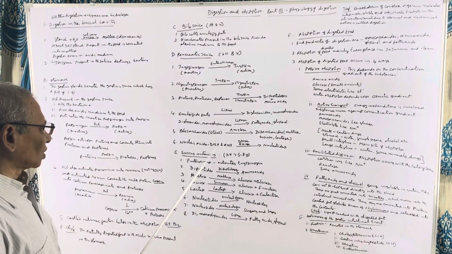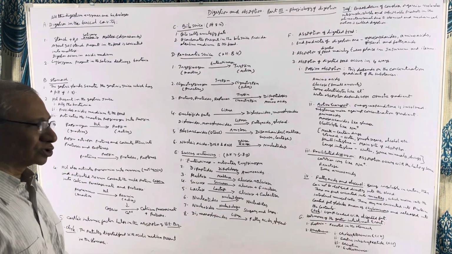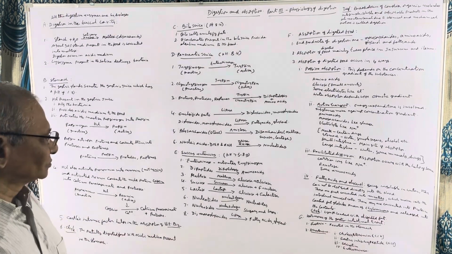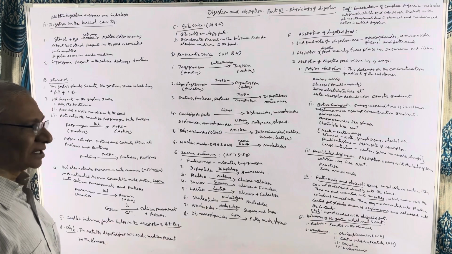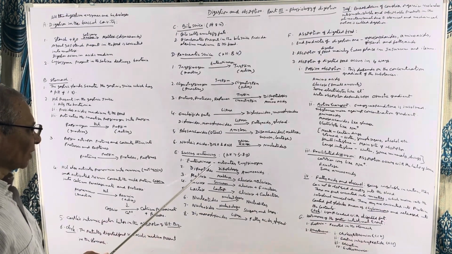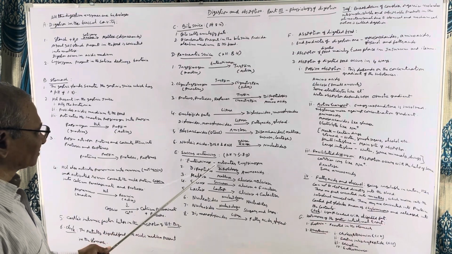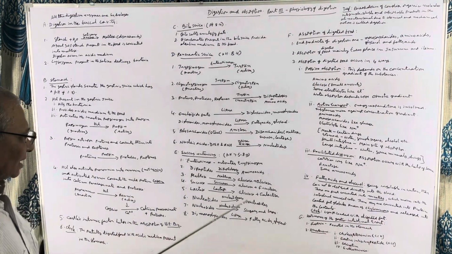Now let us see the role of succus entericus or intestinal juice on digestion. The pH of succus entericus is 7.5 to 8. That is, it is also alkaline in nature. Then, as I have told you, enterokinase activates trypsinogen into trypsin.